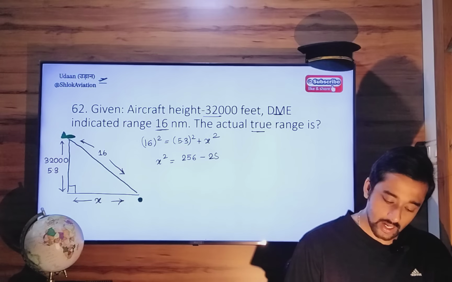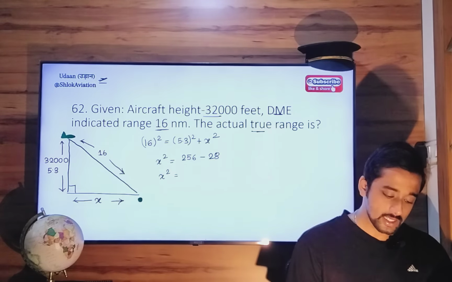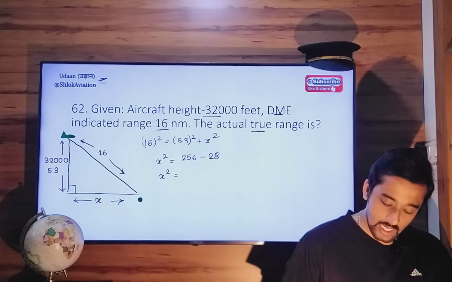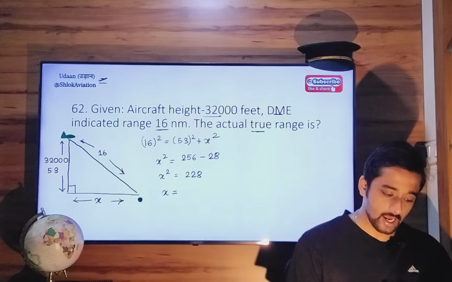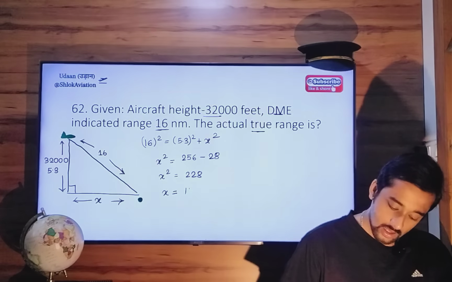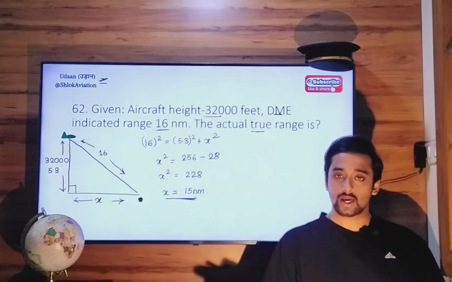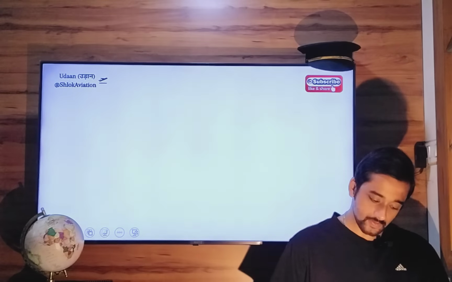So just consider 28. 256 minus 28 is equal to 228. So x will be equal to square root of that, 15 nautical miles. So this x is 15 nautical miles.